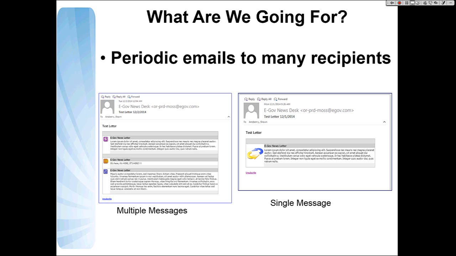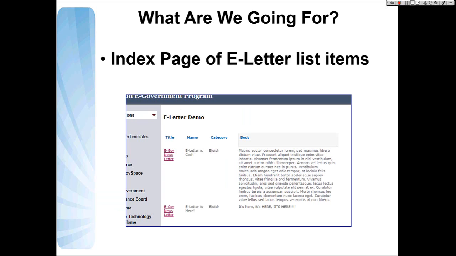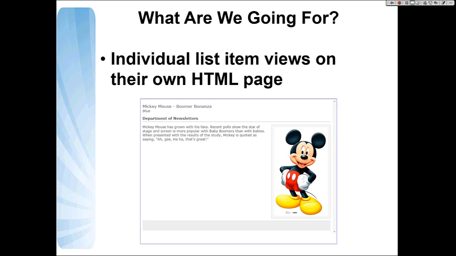Our second goal is to have an index of these e-letter or newsletter items on a page. Our list viewer web part allows the index to build automatically based on the entries to that list. And then each of those list items in the index page is clickable, and it will result in an HTML page.